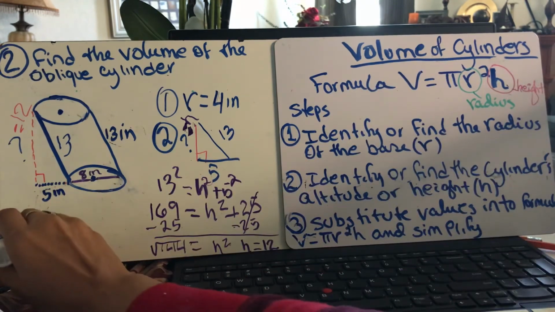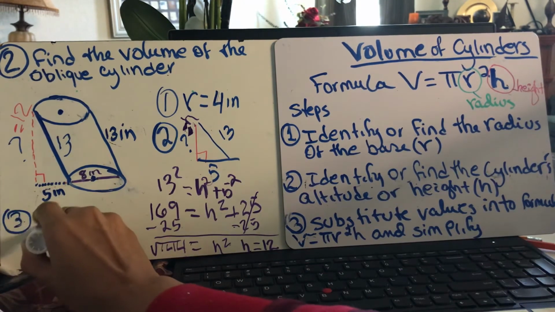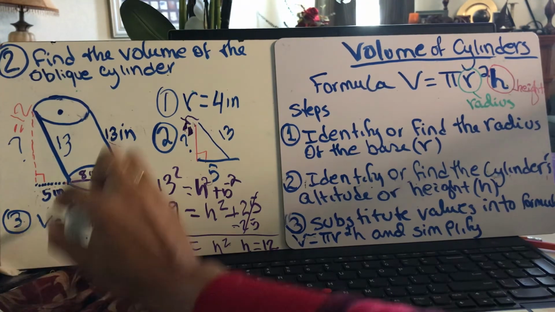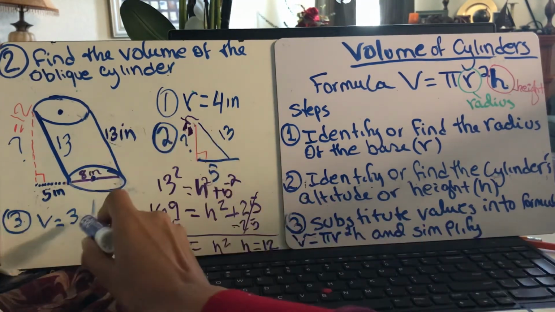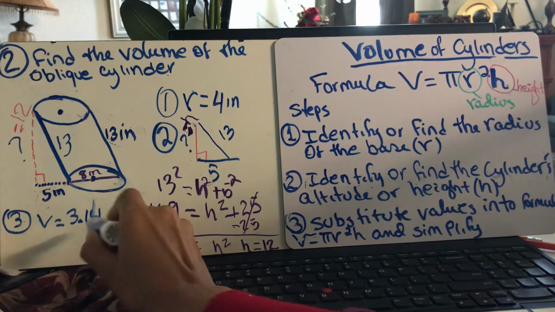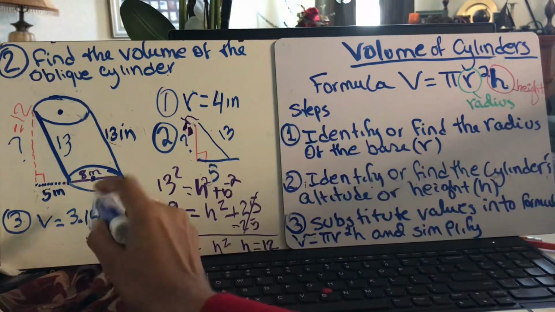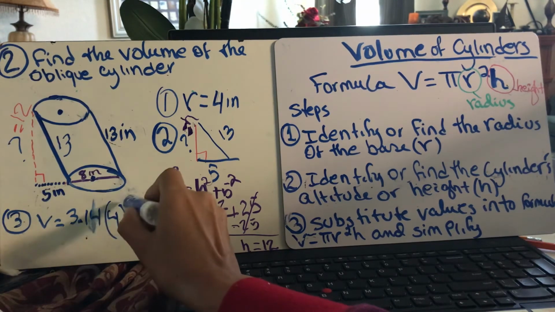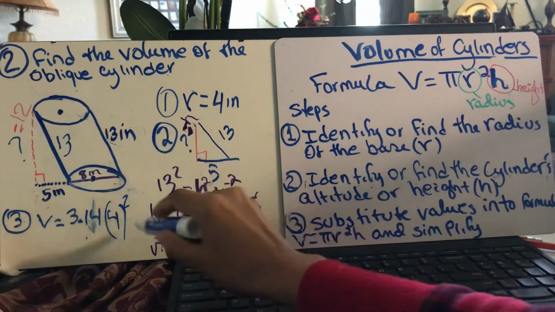So this is step 3 right here. The volume is going to be pi, 3.14, times my radius, which is 4 to the second power, times the height, which is 12.